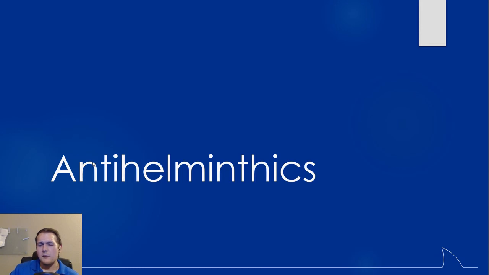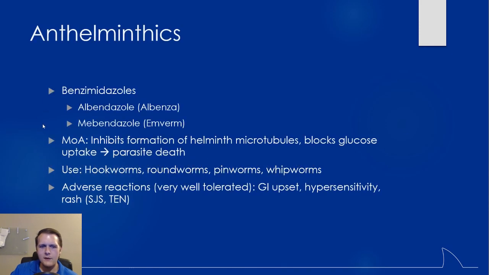The next group I'll talk about real quickly is the anthelmintics. Obviously, this is going to be helping to deal with worms, and so we have a couple of different agents here. We have things like benzimidazoles, things like albendazole and mebendazole. Okay, these are actually working to inhibit the formation of microtubules in helminths, and also blocking glucose uptake. So they can't do either of those, and parasites are eventually going to die.